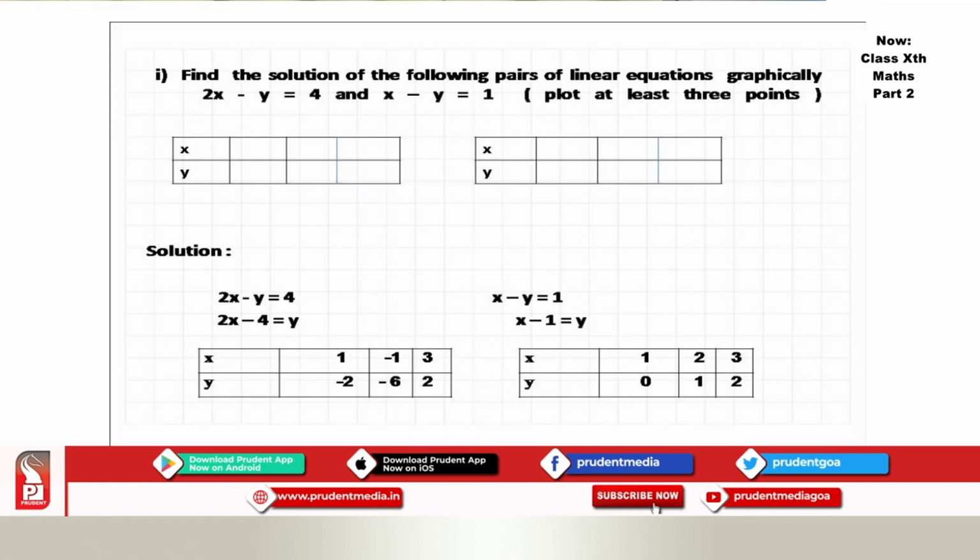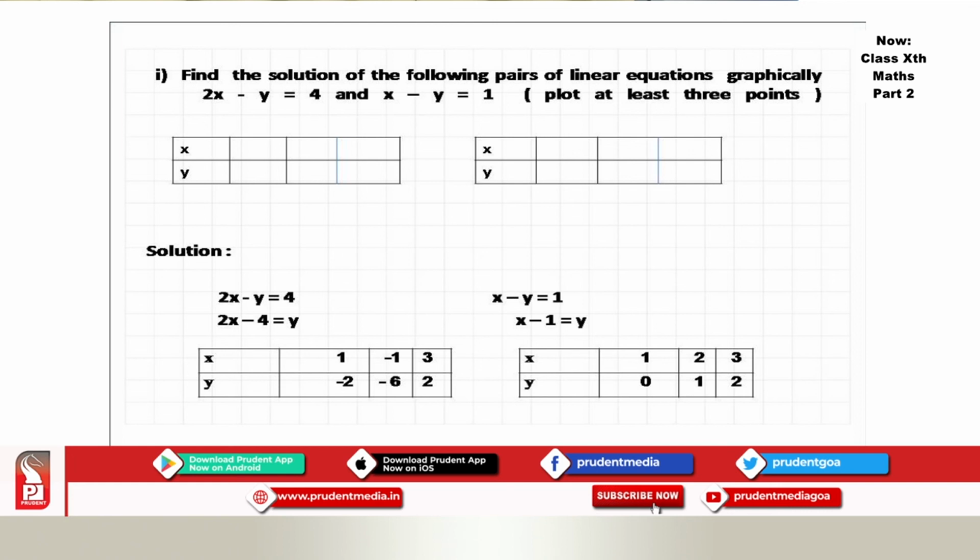So now for this equation, what again I have done is, I have taken now value of x you have to take. Why? Because y is there already on the right hand side. So value of x I have taken here 1. So it is 1 minus 1 is 0. So I am getting y is 0.